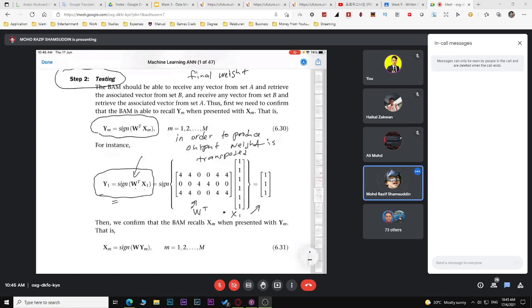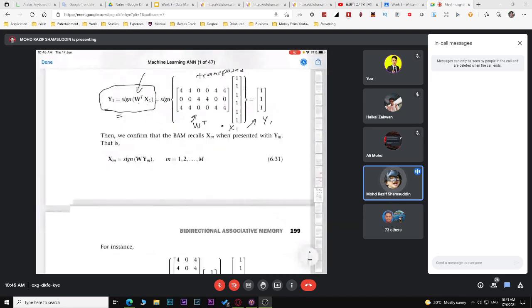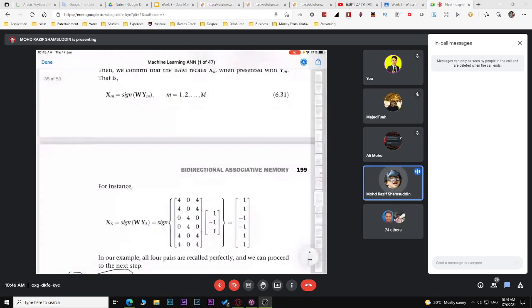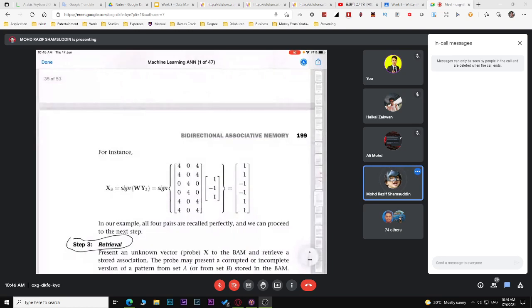Okay. Alright. So it is said that the network is able to produce the input from the output. They work both ways, right? So here is another example. If we want to produce the input, the output will become an input. So the output will produce the input. So the weight is not transposed. Can you see? We don't transpose the weight.